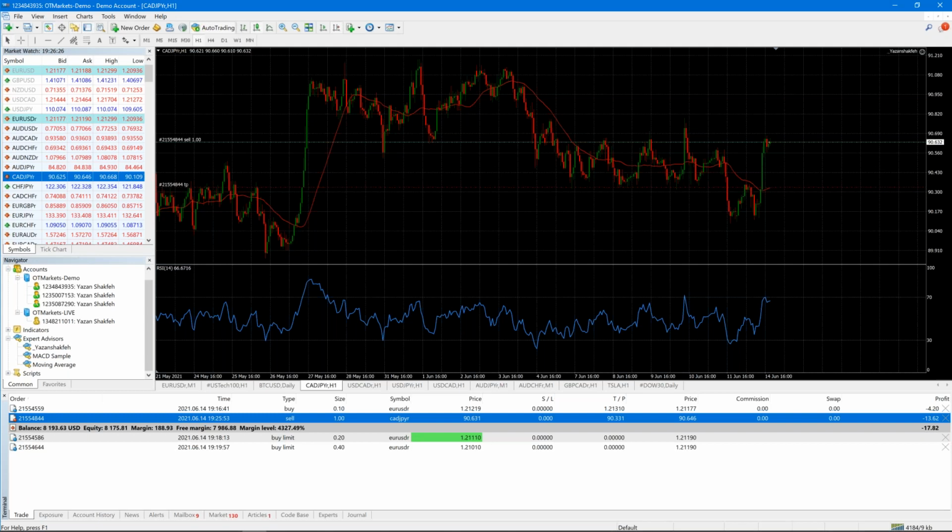Again, you can use it not only on moving averages. You can do your entrance however you want. If you're comfortable with certain indicators and you feel that entering the market is comfortable, but you're having a problem with when to exit the market, this is the best solution for you, because 90% of the success in the market is not when to enter, it's how to manage the positions.